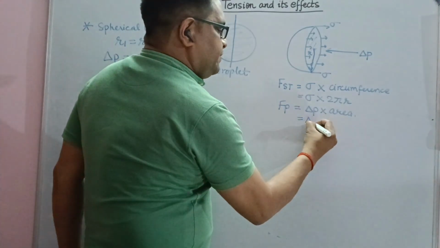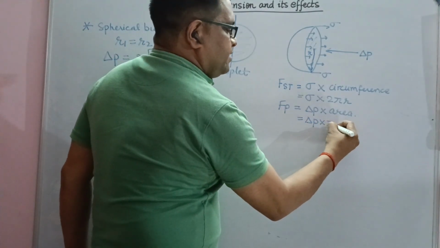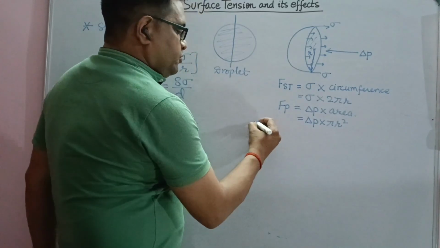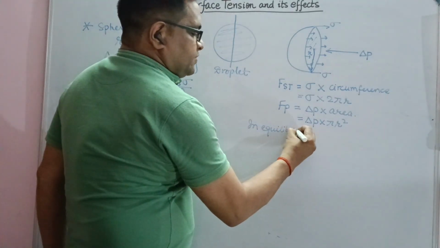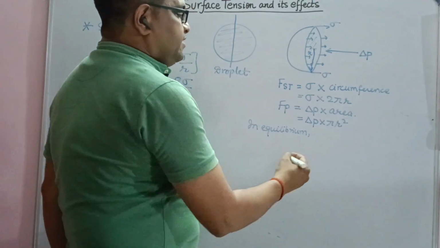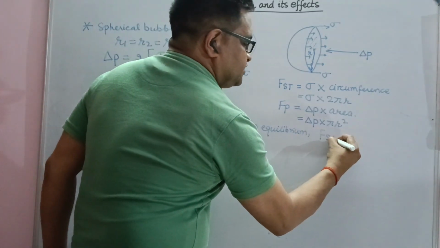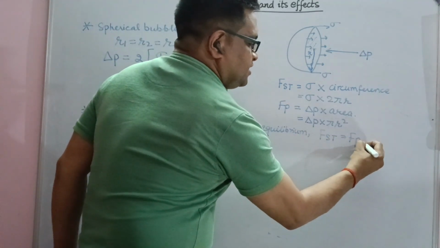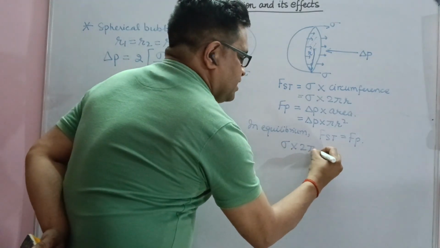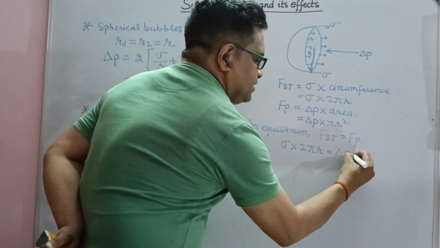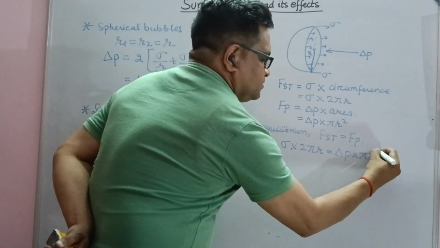So we have del P into pi R square. In equilibrium, if we do a force balance, Fst must be equal to the force due to pressure. So sigma into 2 pi R will be equal to del P into pi R square.